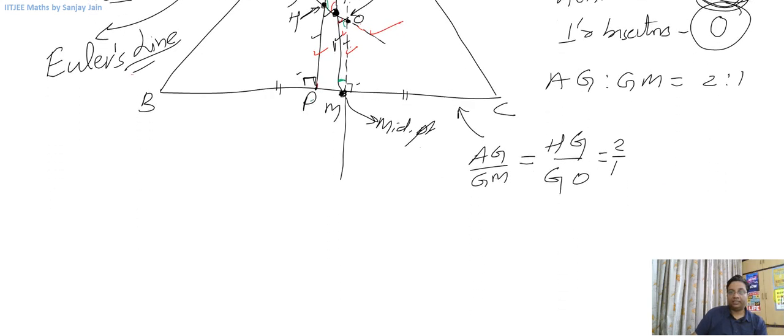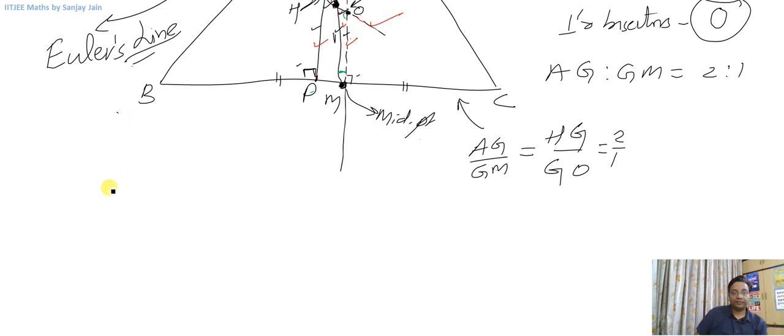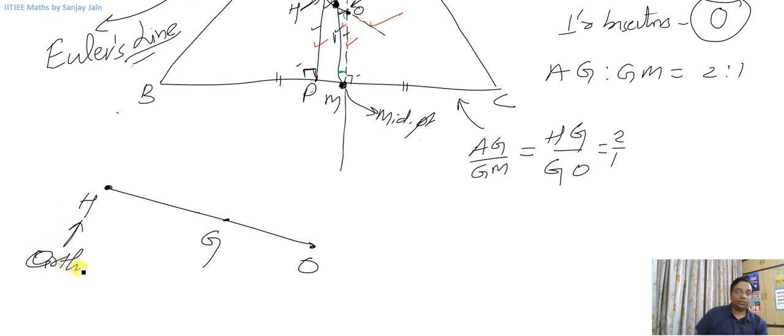meeting these three centers, right? If this is, let us say, the orthocenter, this is the circumcenter, and this is the centroid.